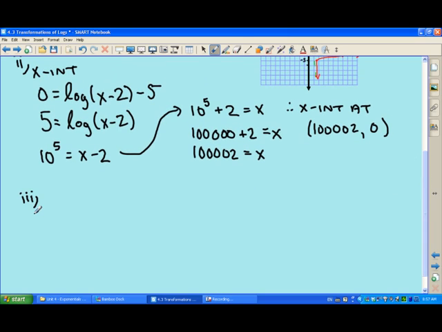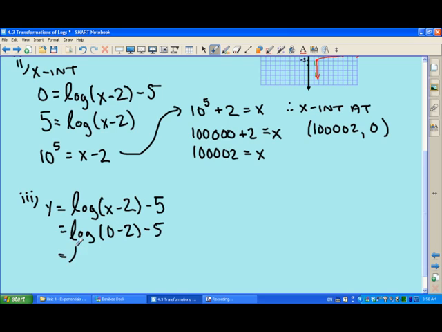For the y-intercept, we can set the x value equal to 0, and solve our logarithm. Here we run into trouble.